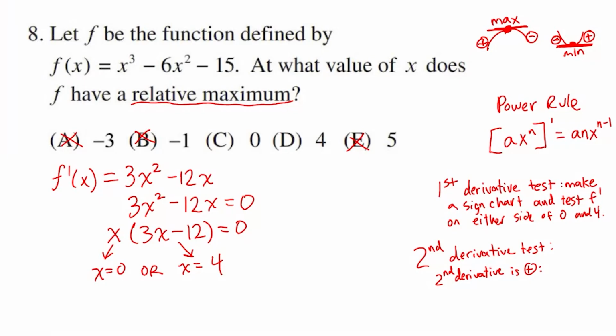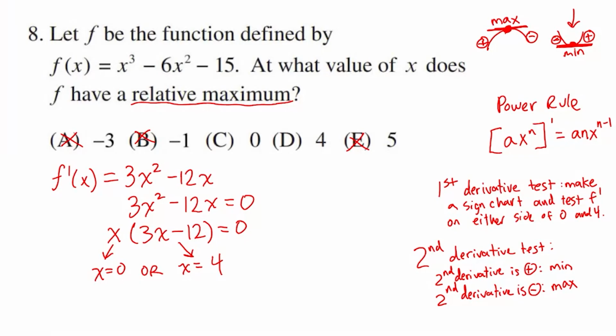And we talked about this in a previous problem, but concave up is going to look something like this. And so that means at that point we're going to have a minimum. If we test the second derivative and it's negative, that means that the graph is concave down, and therefore we will have a maximum.